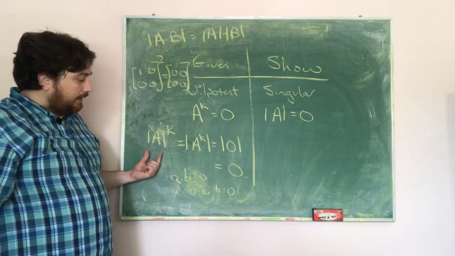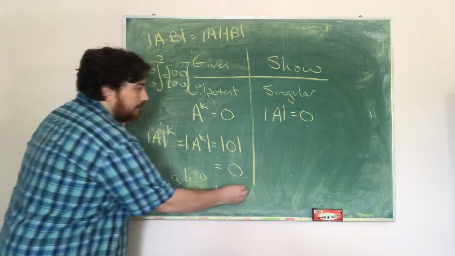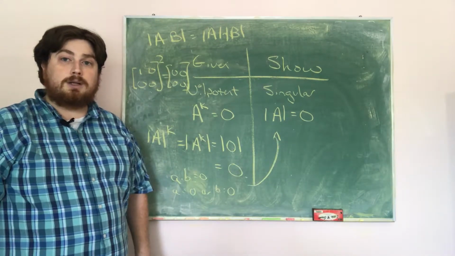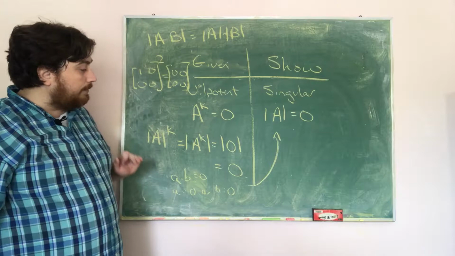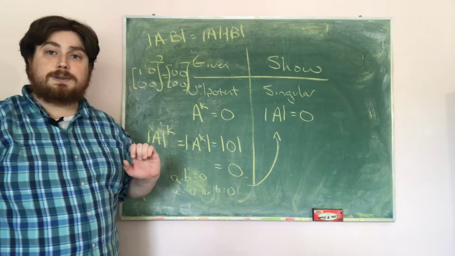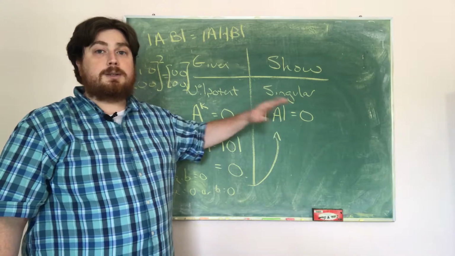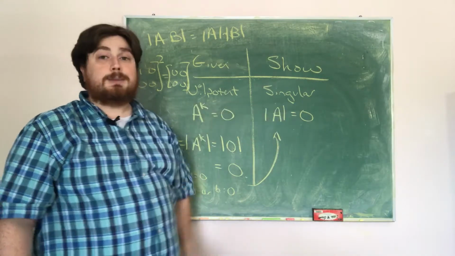But each of these terms is the determinant of A, so that implies precisely that the determinant of A has to be 0. So we have a singular matrix.